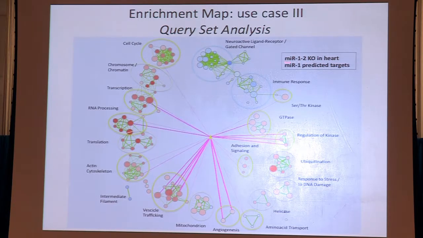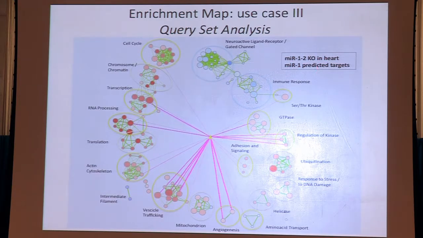They compared the knockout versus wild type, and all of the pathways that are red are enriched in the knockout condition, and there are a few pathways that are going down. This makes sense because a microRNA is a negative regulator of gene expression of its target genes, and so it's nice to see that a lot of pathways are going up, because when you remove a negative regulator, you expect a lot of things to go up. Some things are going down as well. That might be indirect effects.